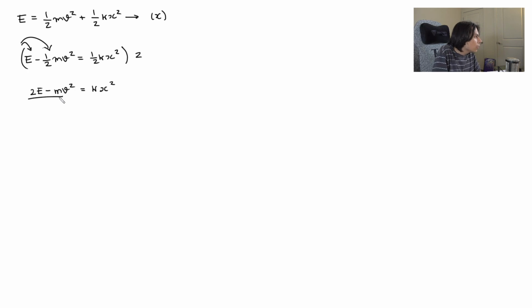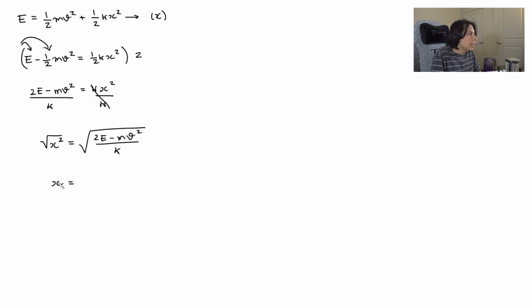Divide this by k, divide this by k, and this cancels out. So x squared equals 2 times the total energy minus mass times velocity squared, all over k. Last but not least, all we have to do is take the square root of both sides in order to isolate x.